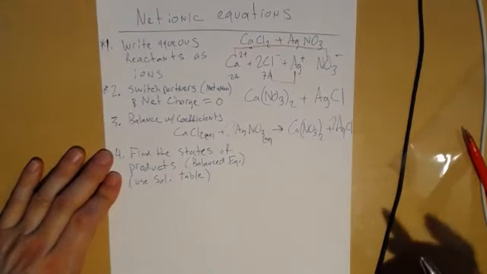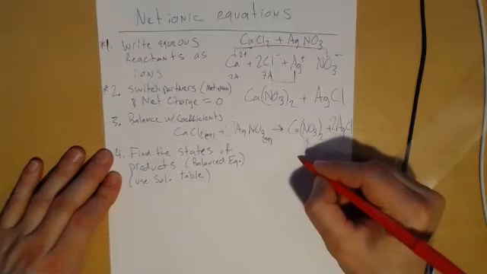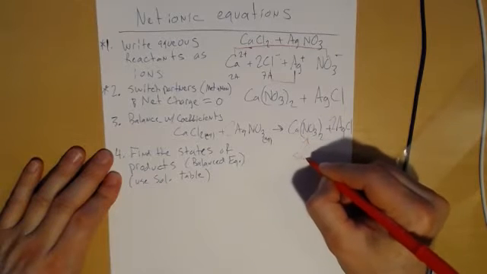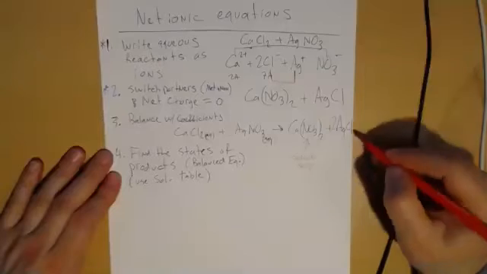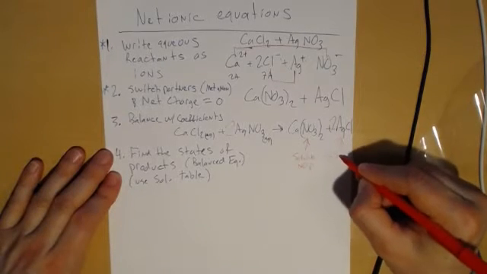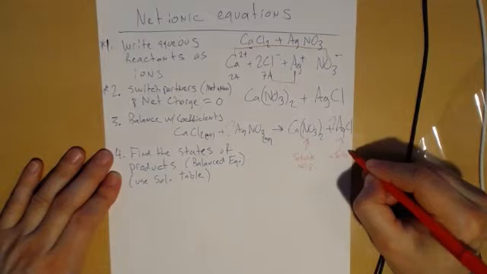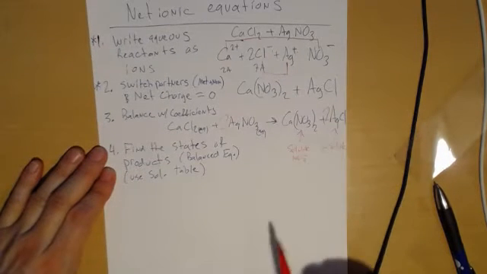In this case, I'm going to realize that this one is soluble because nitrate is always soluble, and this one is insoluble. Chloride is usually soluble, but not with silver.